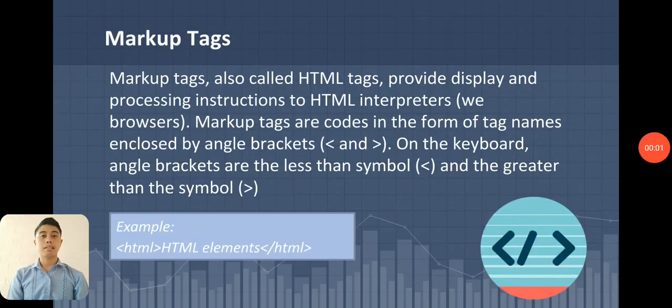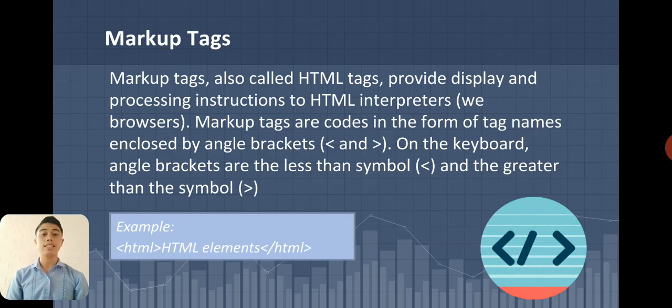Markup tags. Markup tags, also called HTML tags, provide display and processing instructions to HTML interpreters. Markup tags are codes in the form of tag names enclosed by angle brackets. On the keyboard, angle brackets are the less than symbol and the greater than symbol.